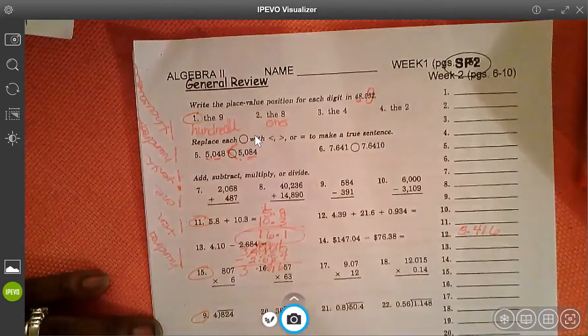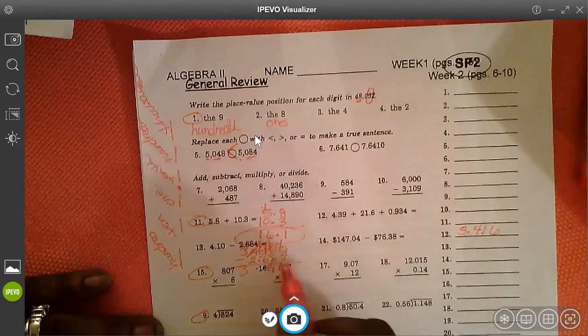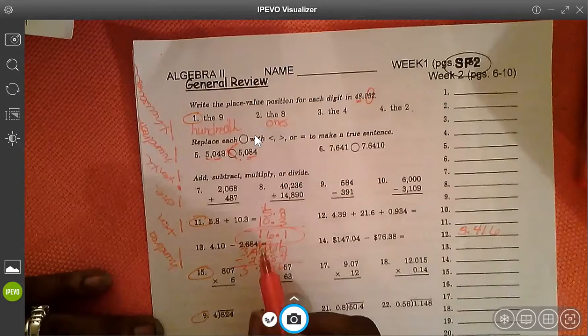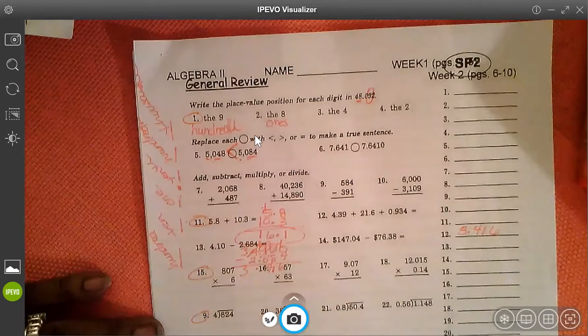Now, if at any time we wanted to check our work, what we could do is add these two numbers together and it should give us our original number. So let's just test that out.